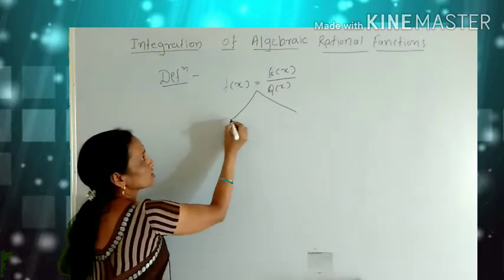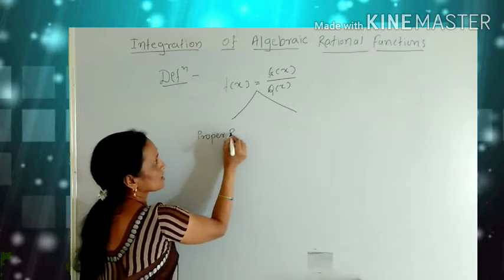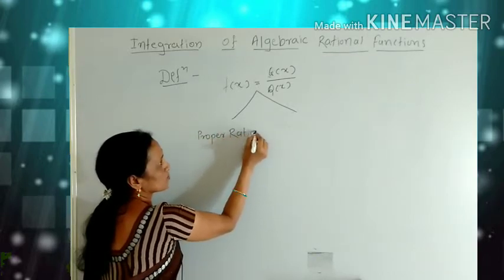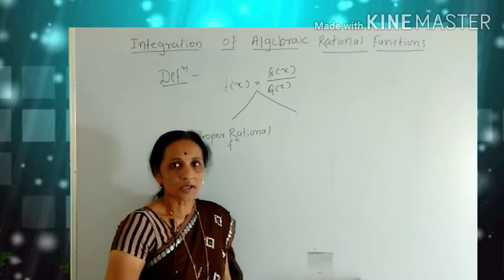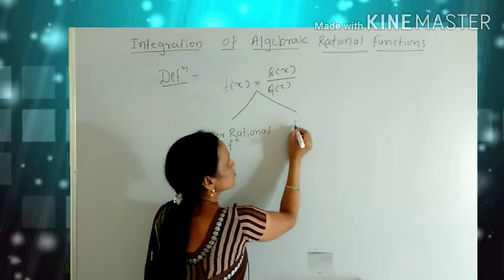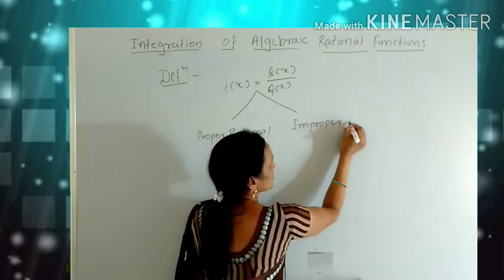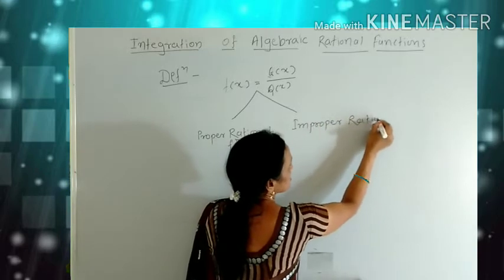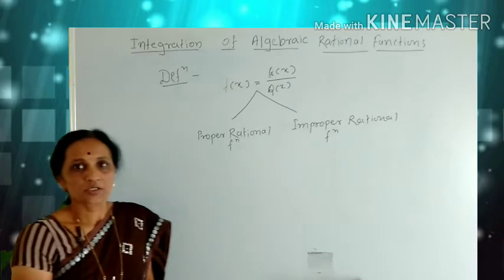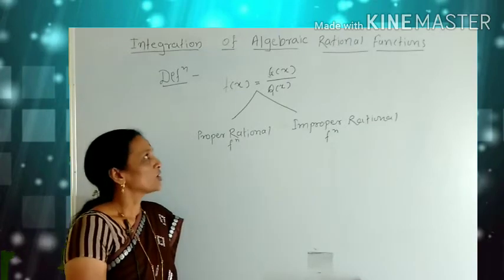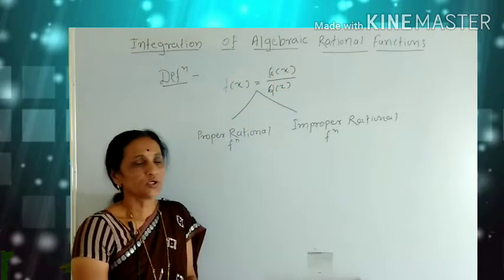The first is the proper rational function, and another type is the improper rational function. These two definitions depend on the degree of g(x) and the degree of q(x).